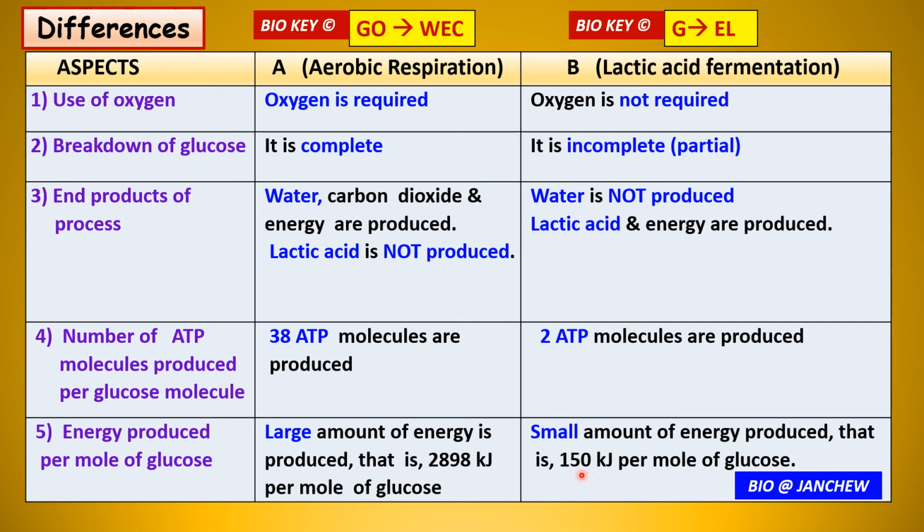Right, so take notice that all these explanations are in full. So even this one, 38 ATP molecules, we have to write is produced. So make the sentences complete. Oxygen is required. Don't just write use of oxygen, and this one, no oxygen.